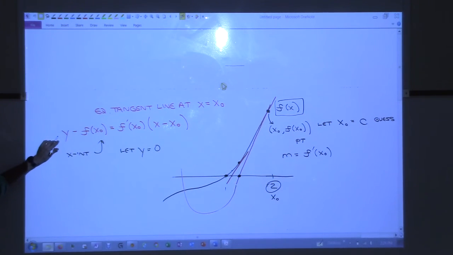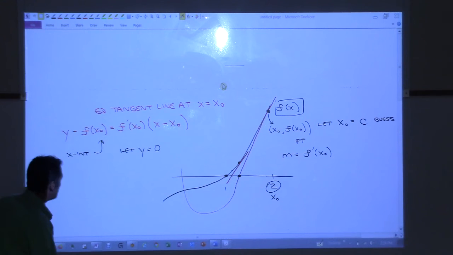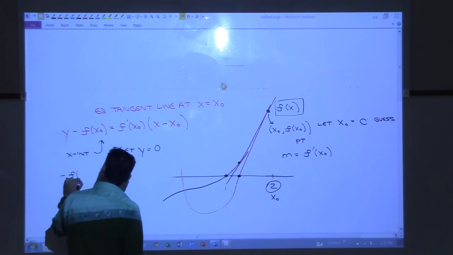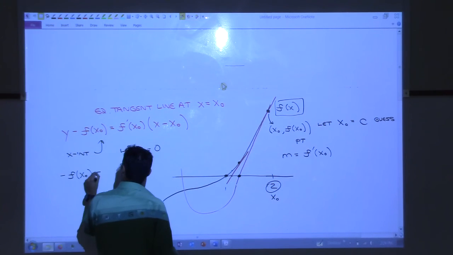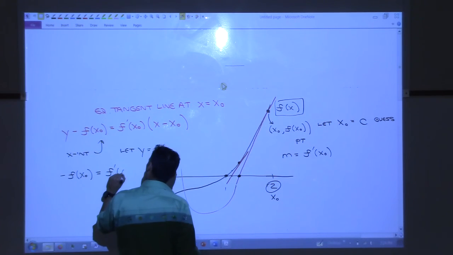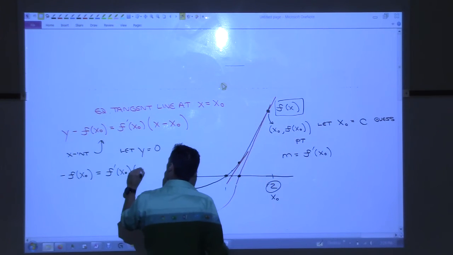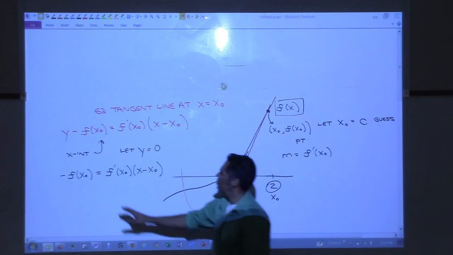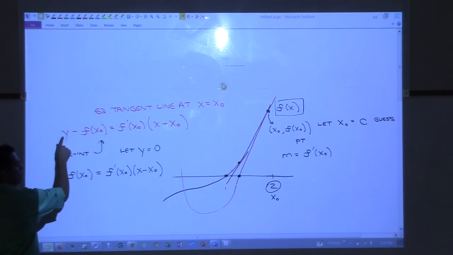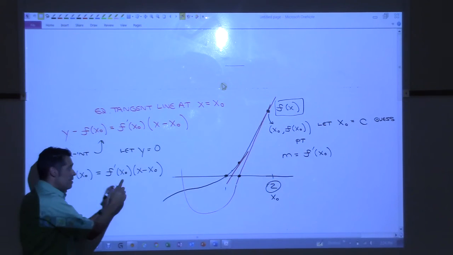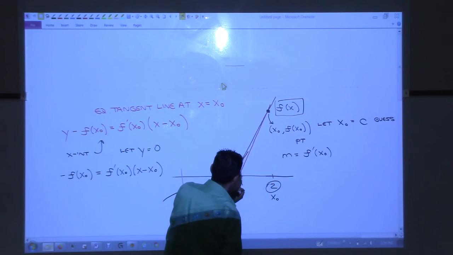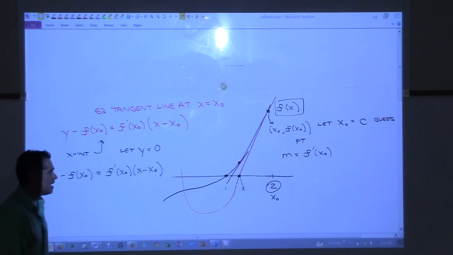If I replace y with 0, then here's what I get: negative f of x naught equals f prime of x naught times x minus x naught. All I'm doing is replacing that right there with 0. And now we're going to solve this for x, because this point right here, this x, that's what I'm trying to figure out. What is that x value?